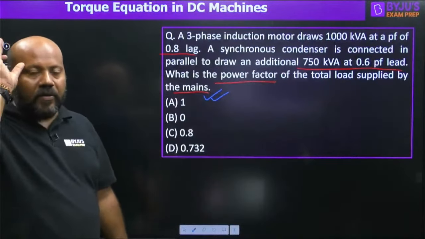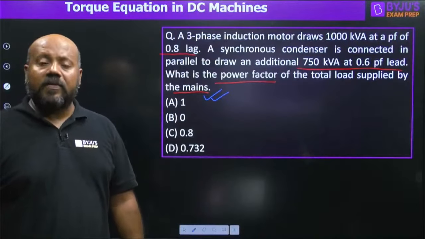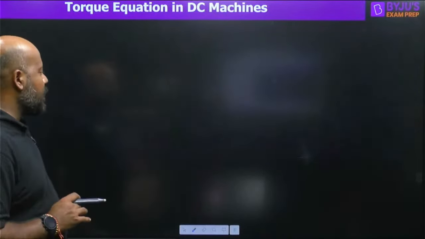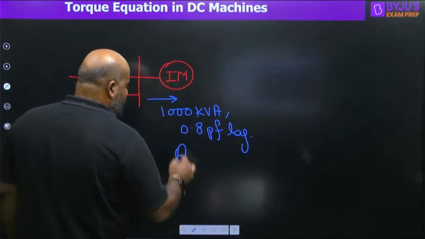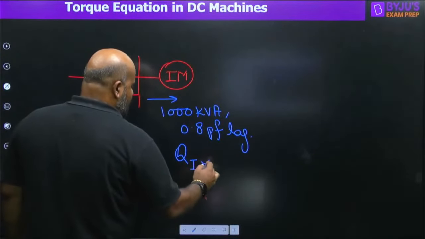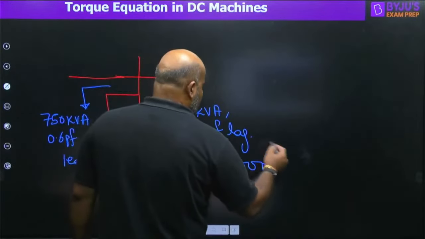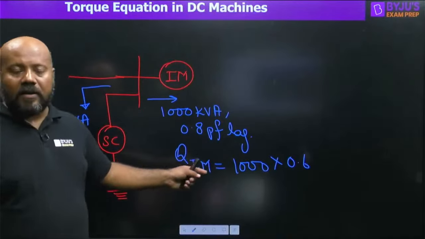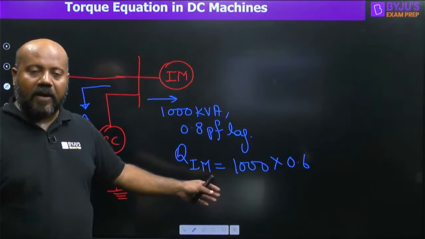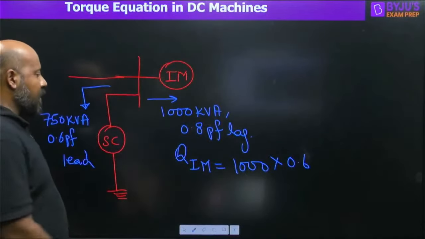So we are going to find the power factor by observing the situation for the reactive power. What is the reactive power drawn by this induction motor? This is 1000 and this is 0.6. Why? Because you have to write the kVA, that is S, and multiply by sin phi, that is S sin phi.